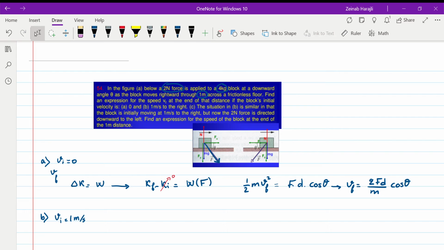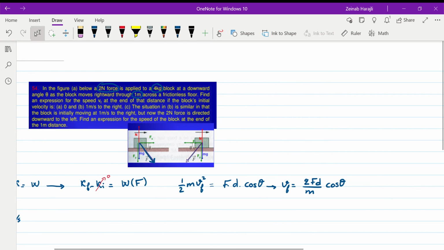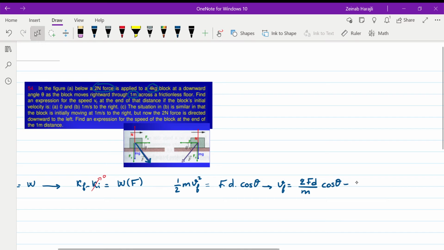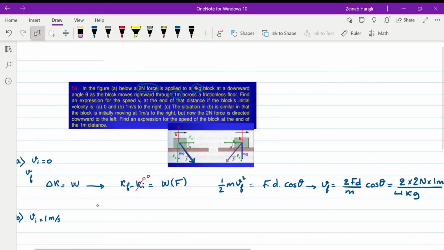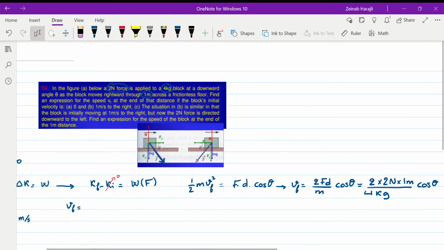cosine theta. We are requested to find Vf as an expression in terms of theta, so we need to remove the rest of the unknowns. We know that the force is 2 newtons, the distance covered is 1 meter, and the mass is 4 kilograms, times cosine theta, and then our final expression for the speed is going to be, by the way, this is squared.